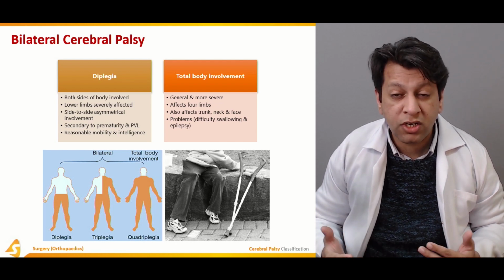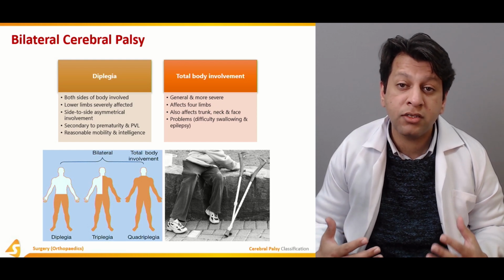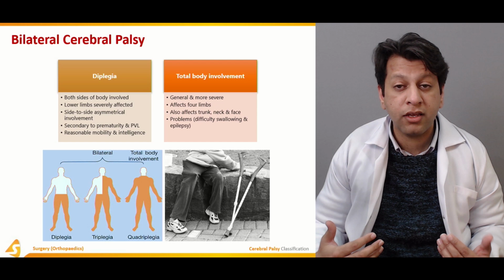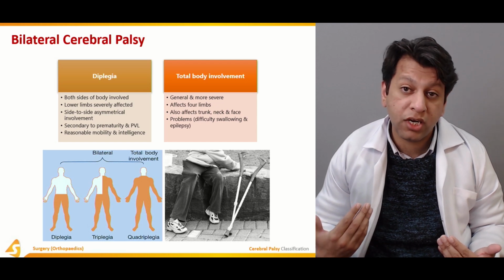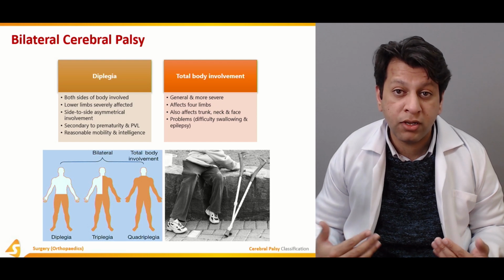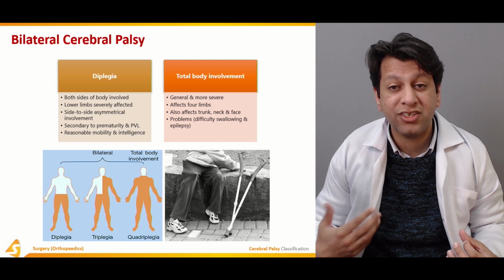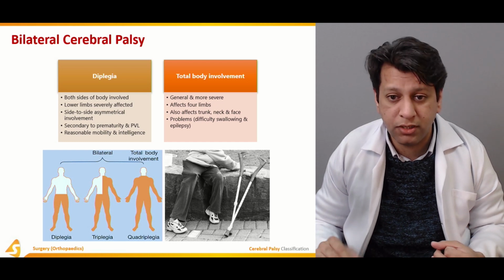So they need special equipment, special wheelchairs, electronic wheelchairs, in which they can at least support their neck, and sometimes they need extra head straps as well, because the neck cannot be supported very well. Therefore, children with total body involvement need extra special care, especially from the parents.